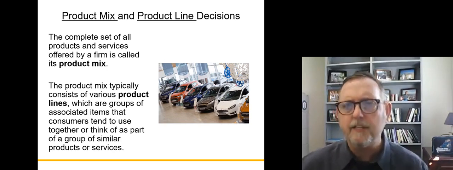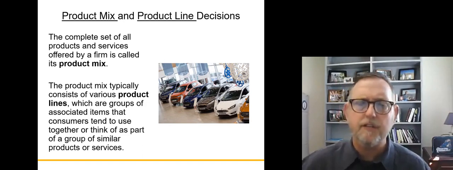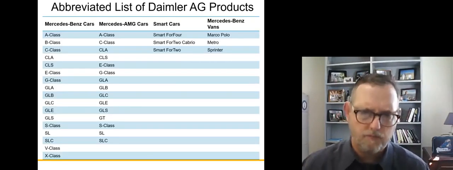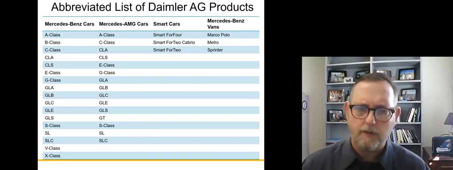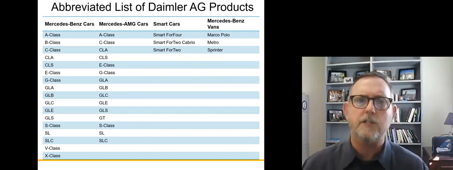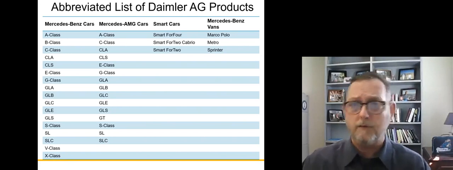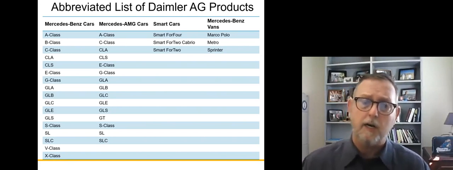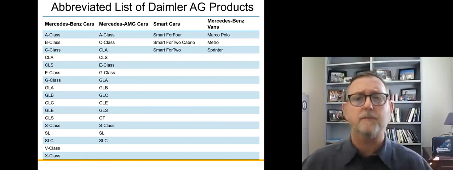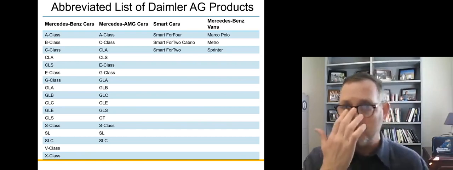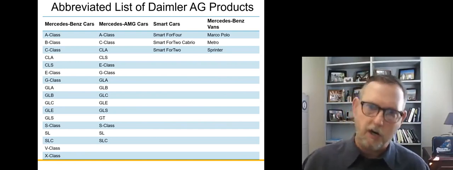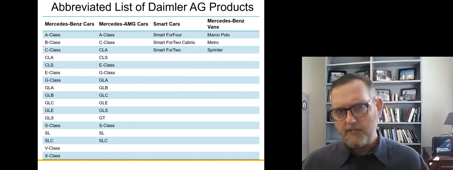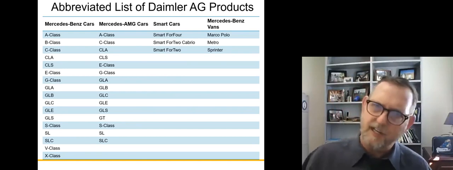Okay, so the best way to do this is just look at a picture and walk through an example. And so here's a shortened glimpse or an image of Mercedes-Benz's, under the name Daimler, their product mix, if you will. If you look at the top, you'll see there are cars. Those are Mercedes-Benz cars.